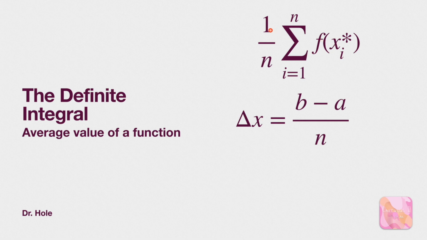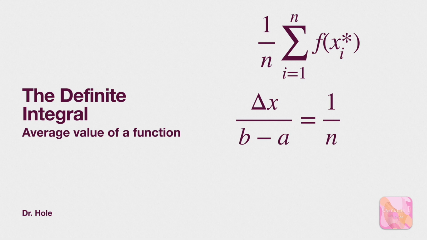But thankfully, there's a 1 over n out in front, and delta x is the same thing as b minus a multiplied by 1 over n, which means we can solve for 1 over n by dividing both sides by b minus a. So if we do that, we get that delta x over b minus a is equal to 1 over n.